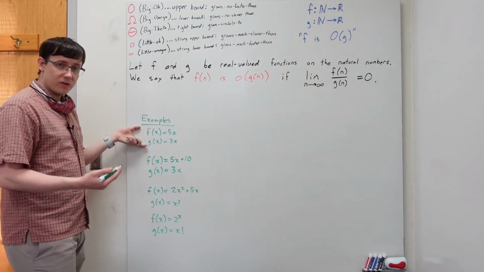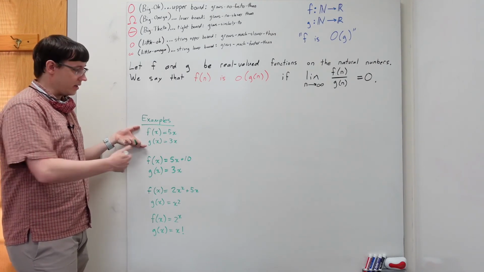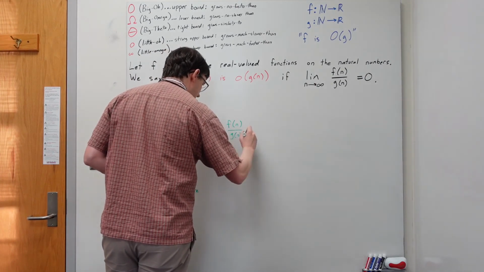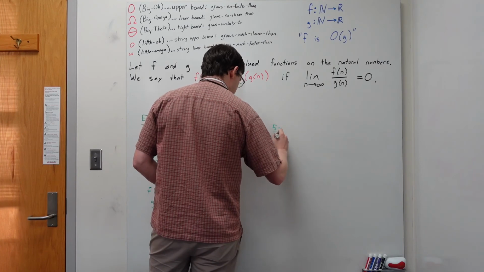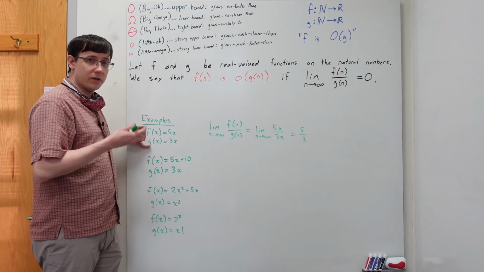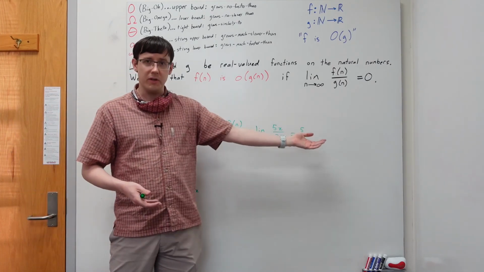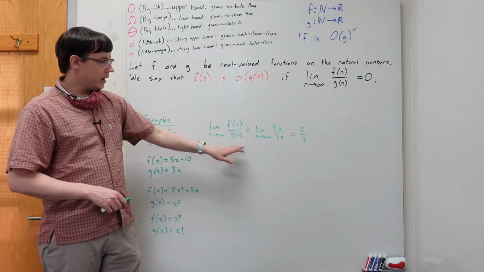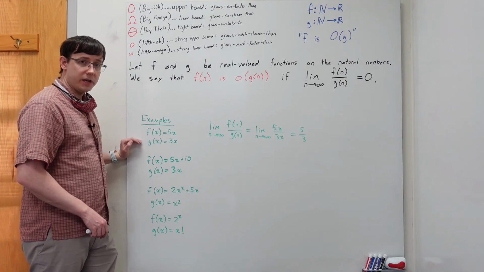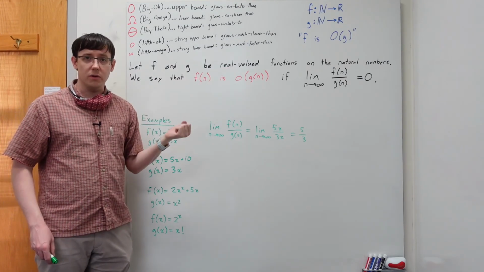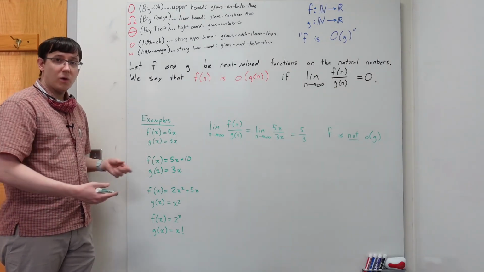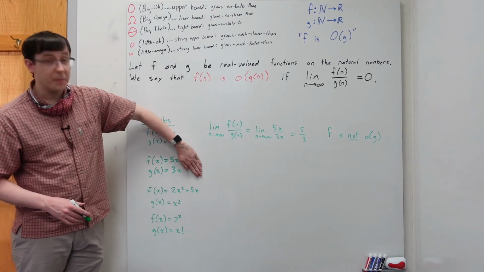If we think about our examples, we could take the limit as the input goes to infinity. Here, for any given x, the ratio is 5/3, and so that continues to be the case as x goes off to infinity. And so we say that f is not little o of g because the limit is not 0. Here again, if we take the limit as n goes to infinity, we will get 5/3 because the constant will matter less and less.